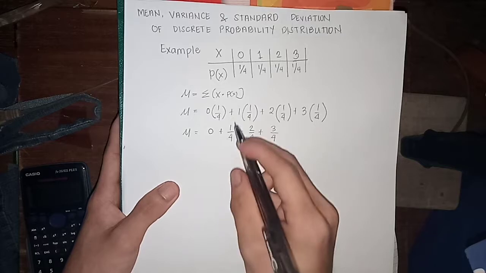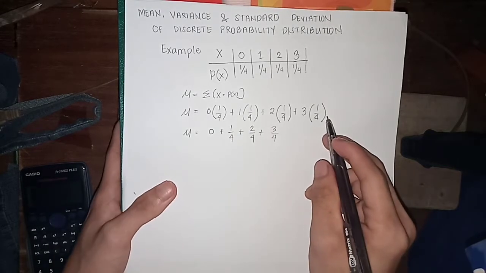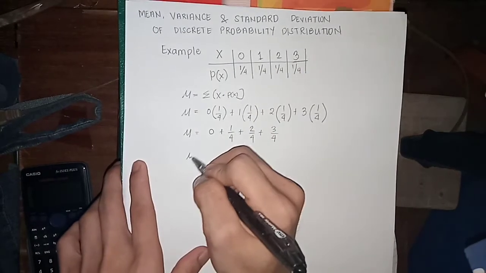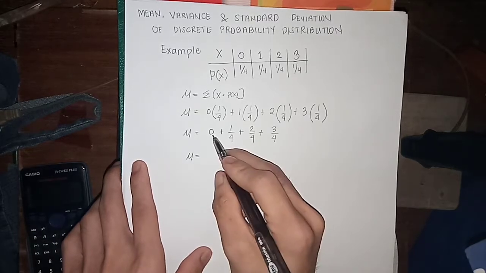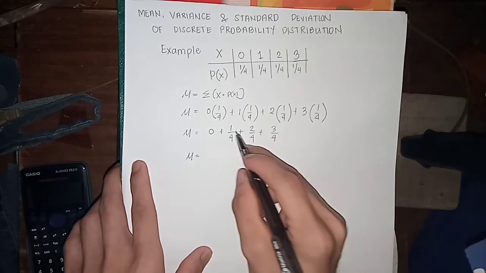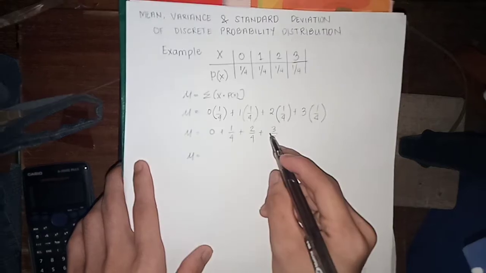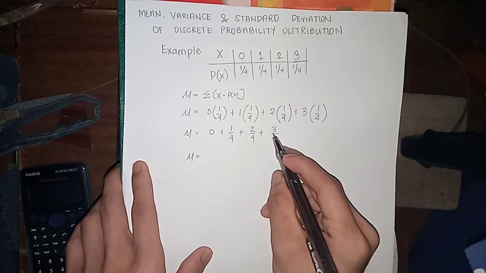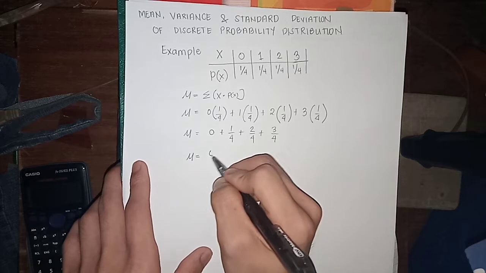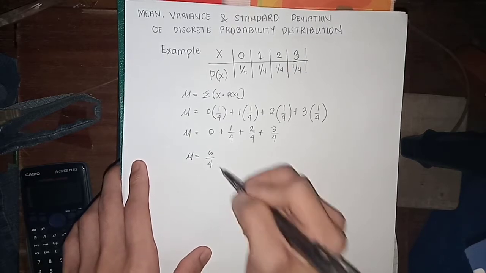Now, after evaluating each, we are going to add the values. So, we have the mean that is equal to 0 plus 1/4 plus 2/4 plus 3/4, that is 1 plus 2 plus 3 is 6. Okay? 6 over 4.